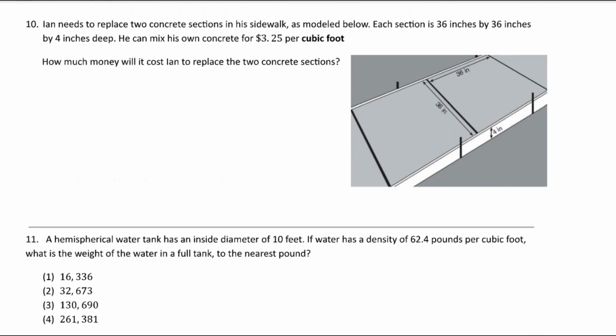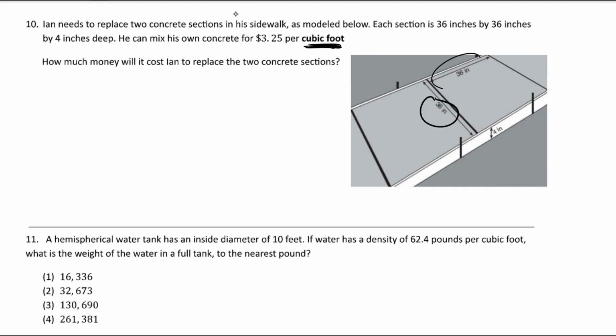Number 10. Ian needs to replace 2 concrete sections in a sidewalk, as modeled below. Each section is 36 inches by 36 inches and 4 inches deep. He can mix his own concrete for $3.25 per cubic foot.